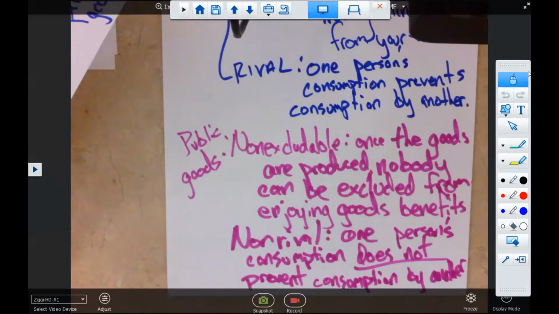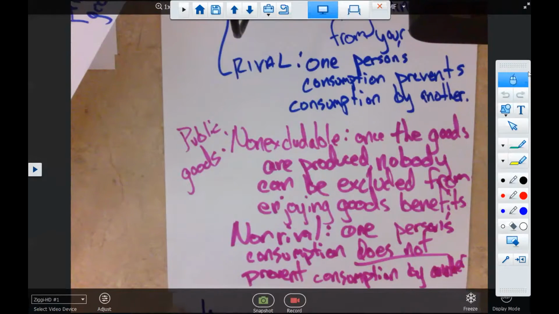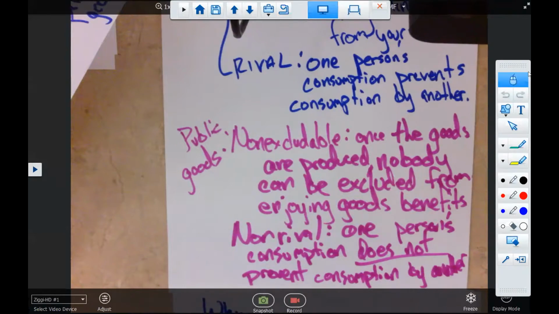So now let's talk about why won't private firms produce public goods? Can someone give us an example of a public good? Yeah, public good, defense, national defense, or roads, right?